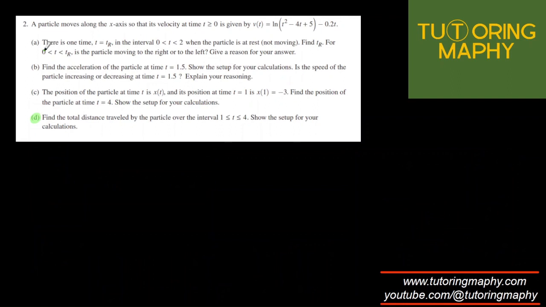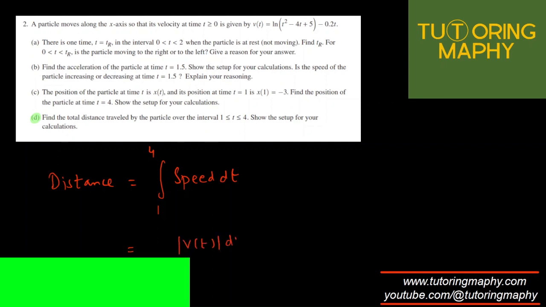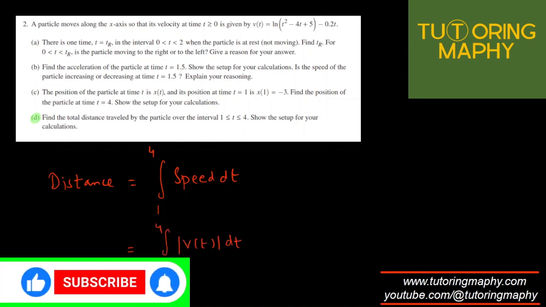The expression for the distance is nothing but the integration of the speed from 1 to 4. And what is the speed, guys? Speed is nothing but the absolute value of velocity from 1 to 4. We already have the expression for velocity, by the way.